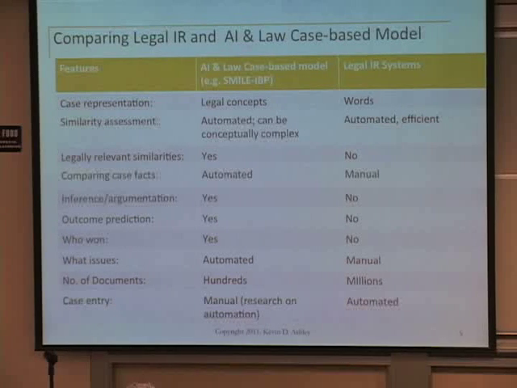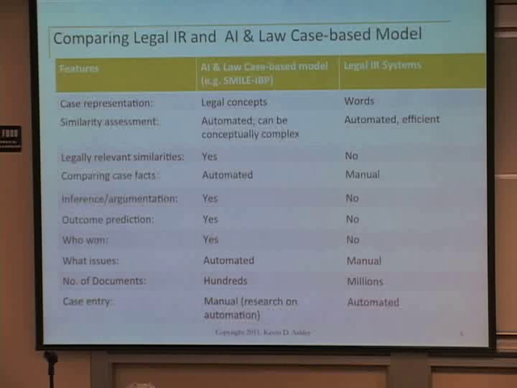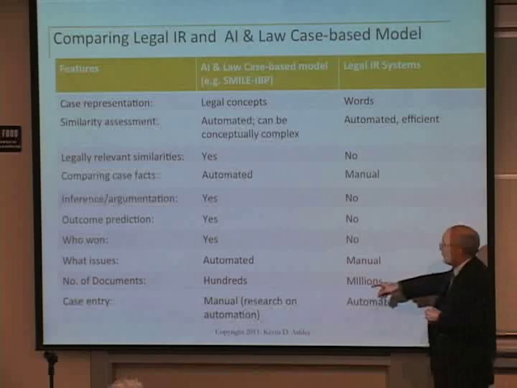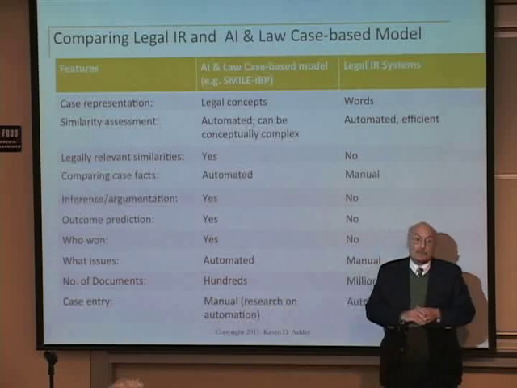It can automate similarity assessment between problems and cases. It deals with legally relevant similarities. It can compare the facts of cases in an automated way. It can support legal inference and argumentation. It can predict outcomes. It can tell you who won. Most legal information retrieval systems don't know who won the cases in their databases. It can automatically identify the issues, but it deals with hundreds of cases, tops.